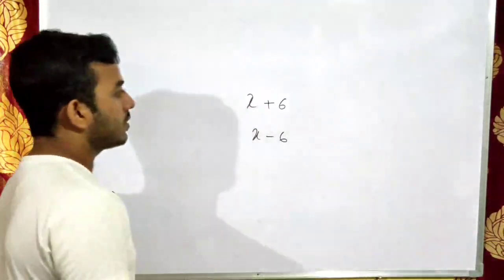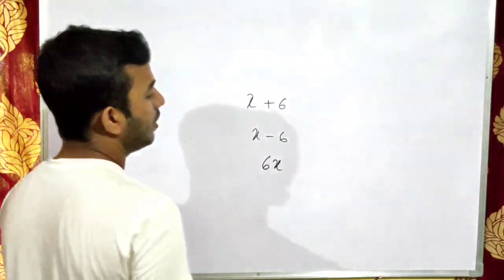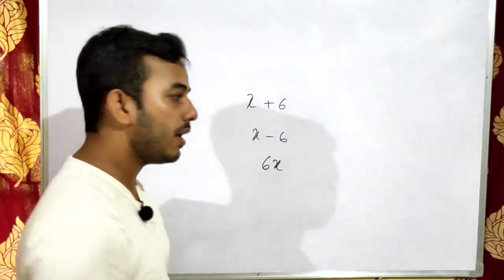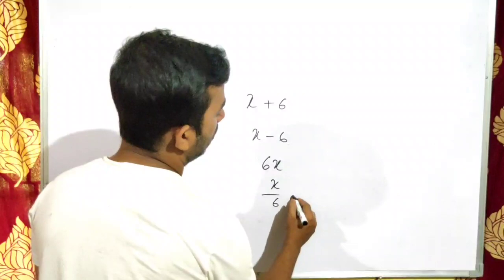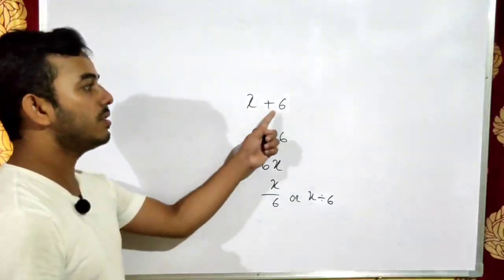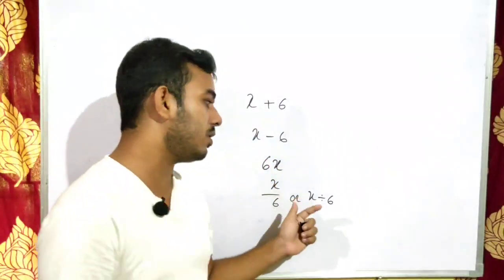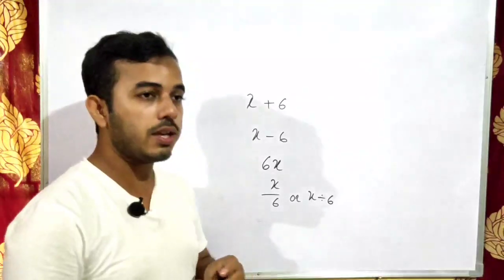Product of x and 6 will be 6x. If x is divided by 6, it can be written as x divided by 6. This is sum, this is subtract, this is product, this is divide. We have to know the terms, then we can easily solve.